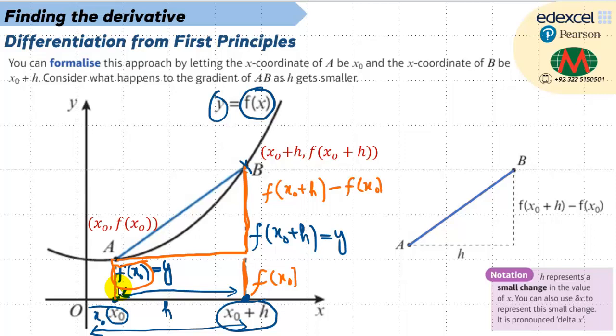If we subtract this gap from the whole length, this gives me the vertical length of the right angle triangle.